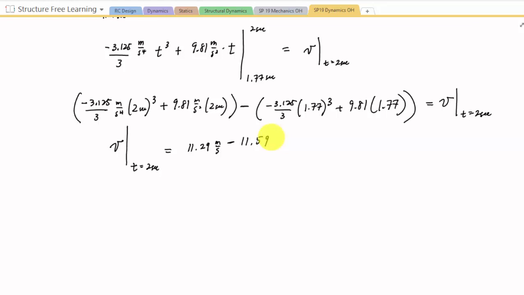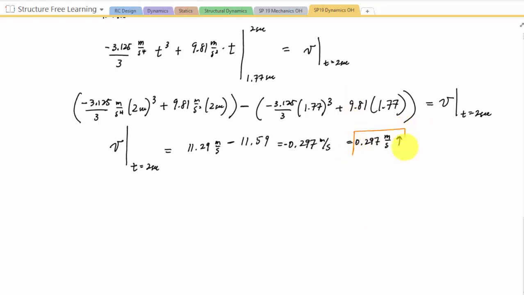I got 0.3. So I got negative 0.297 meters per second, which just means that this is 0.297 meters per second upward. All right, hopefully that's right.